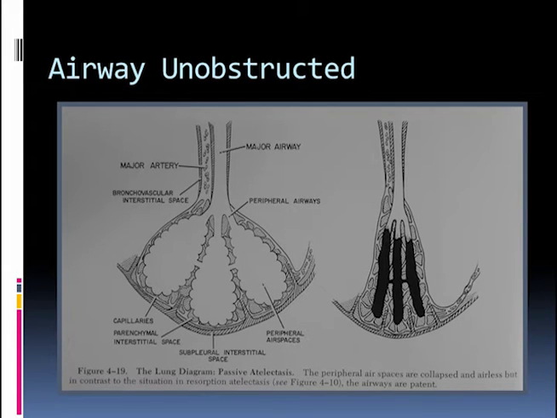However, you can also have passive atelectasis where you just get something outside of the lung, such as fluid in the pleural space, that will push on the lung and cause it to collapse. This is called passive atelectasis. But once again, there's consolidation there. You probably have a limited air bronchogram, and you get volume loss.